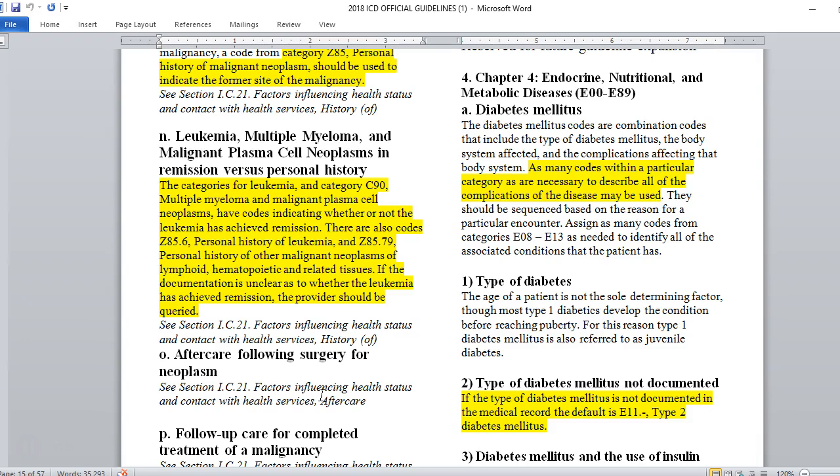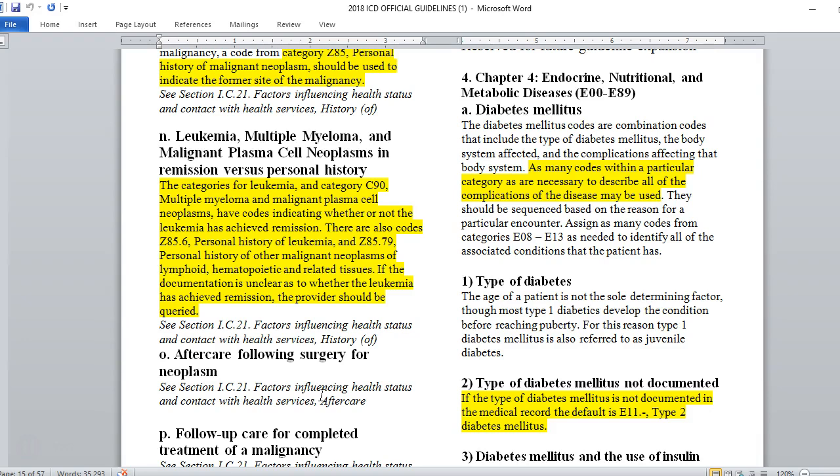So we have to be careful on whether this is a relapse of leukemia or if it's completely gone from their body. So the categories for leukemia and category C90, multiple myeloma and malignant plasma cell neoplasms, have codes indicating whether or not leukemia has achieved remission. There are also codes Z85.6, personal history of leukemia, and Z85.79, personal history of other malignant neoplasms of lymphoid, hematopoietic, and related tissue.